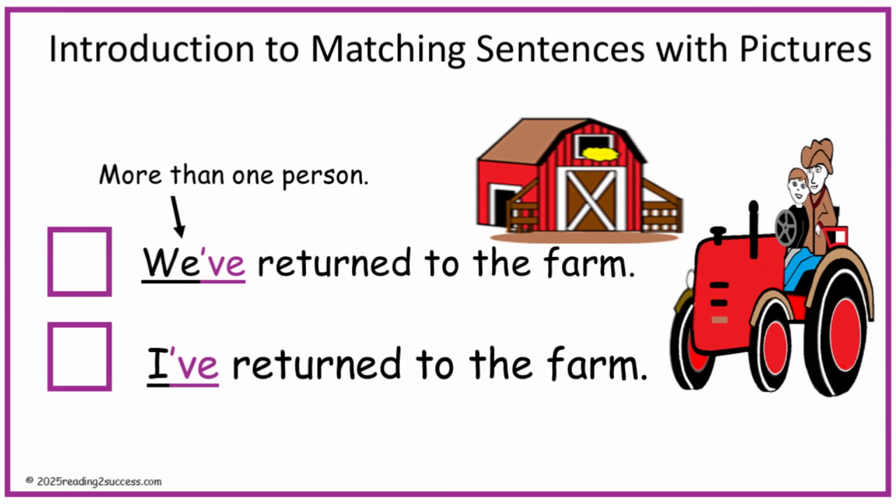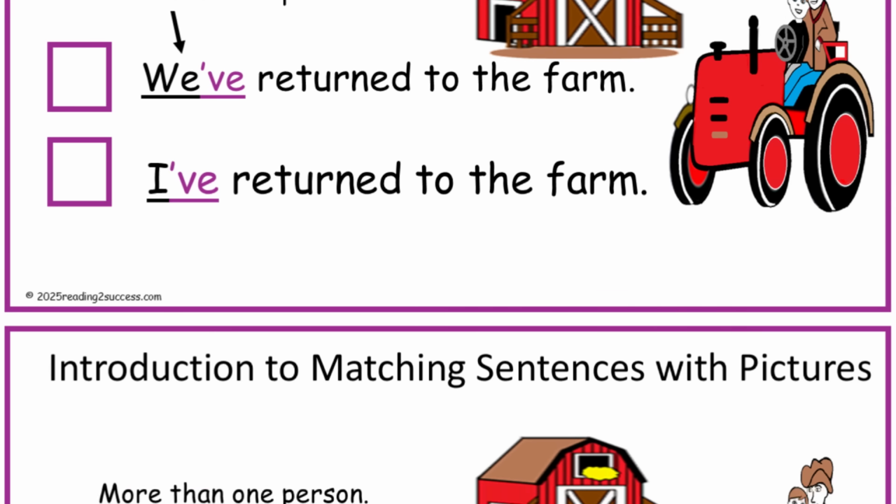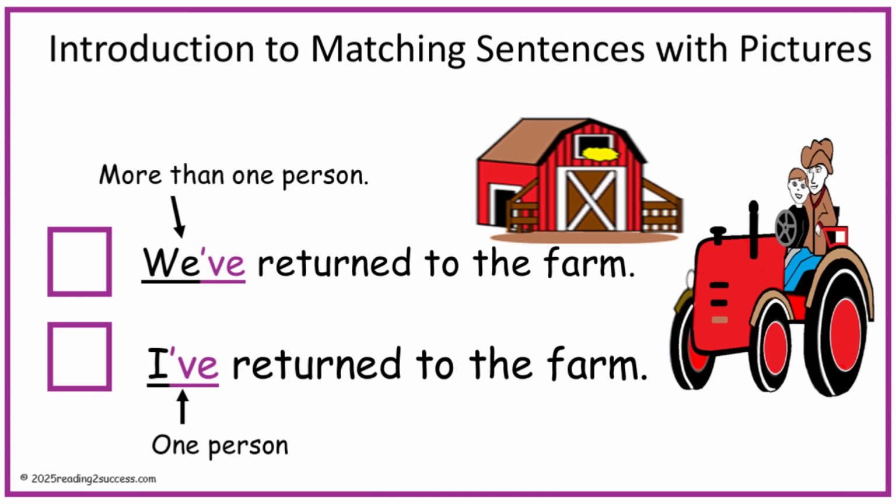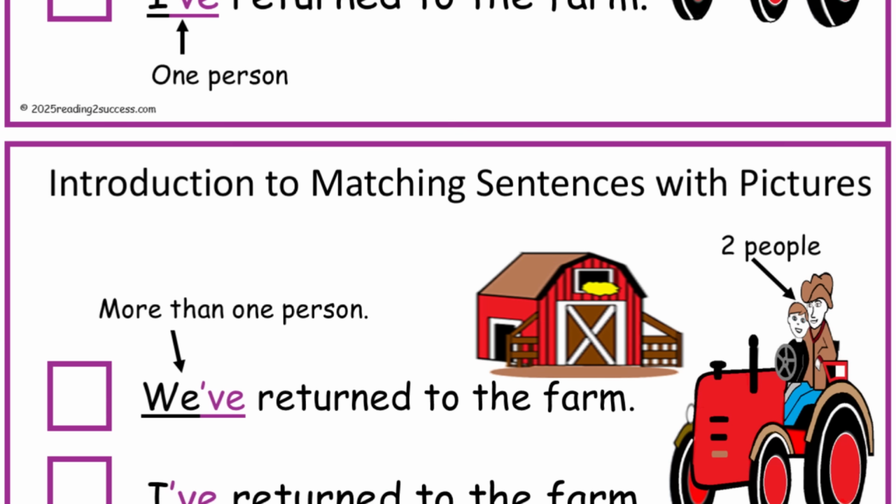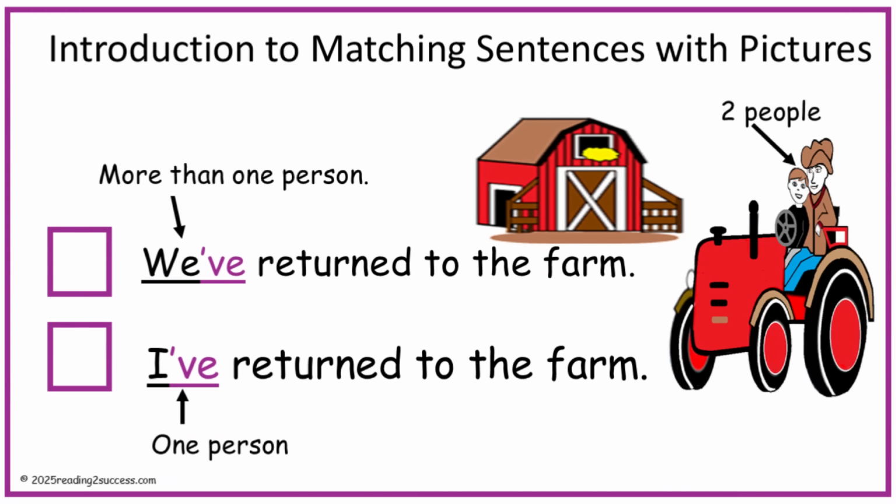And there's an arrow pointing to we've, which says more than one person. Now read the second sentence. I've returned to the farm. I've represents one person. There are 2 people on the tractor.